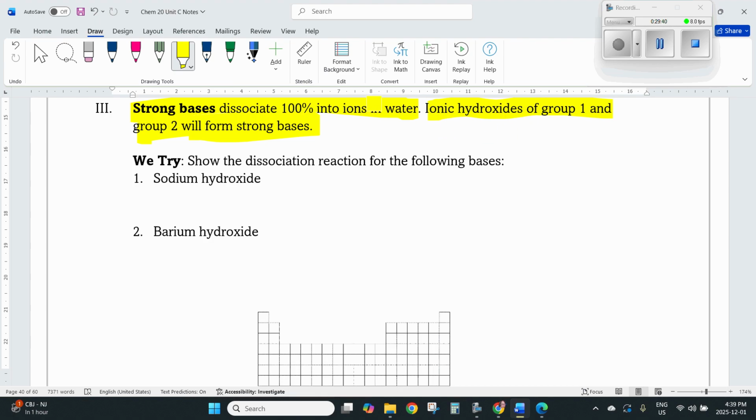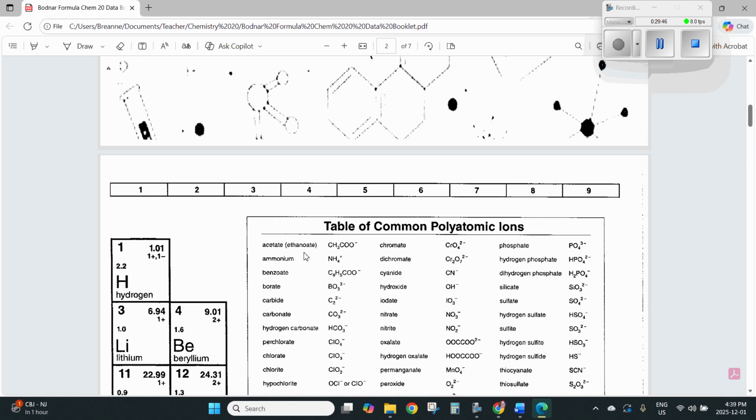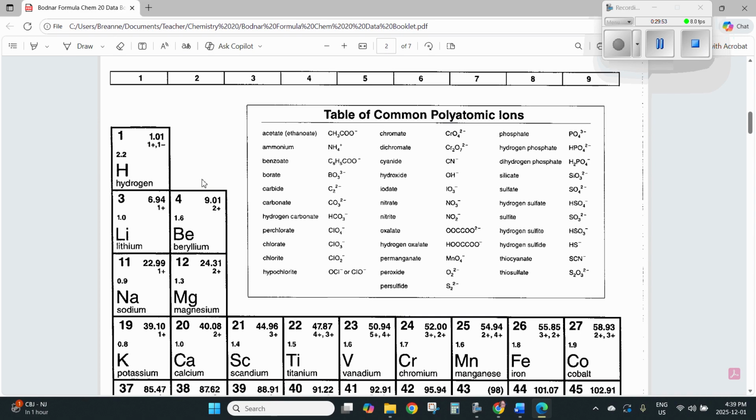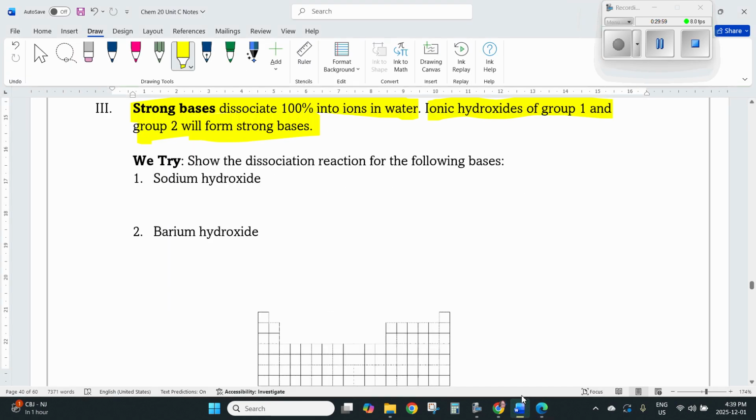So group 1 and 2, going back to your data booklet, is talking about these first two columns. Group 1 and group 2 combined with hydroxide will be strong bases.